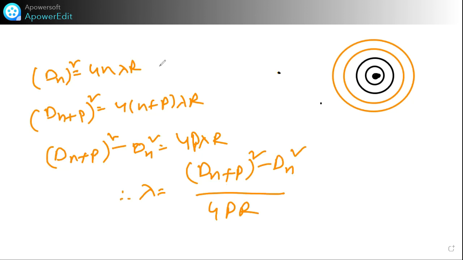So the procedure to determine this by using this formula. First the eyepiece of the microscope is adjusted on its cross wires. Now the distance of the microscope from the film is adjusted at any ring, first or third or fifth and so on, with dark center in well focus.